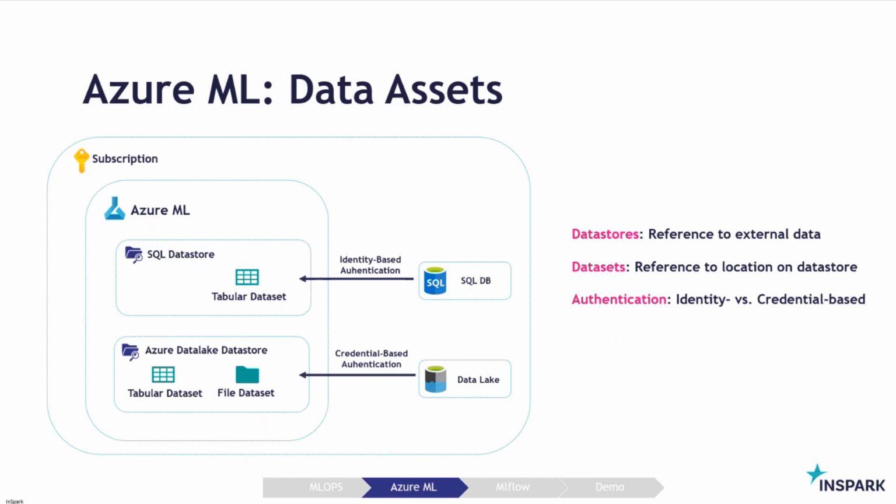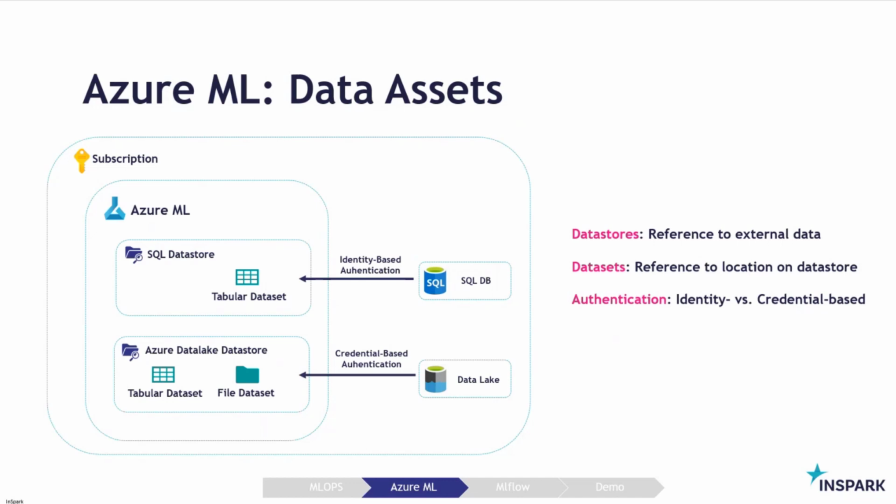So for interactive notebooks, the logged in user's identity is used for authentication, and for automated pipelines, the compute cluster's identity is used. This form of identity-based authentication uses the Azure Active Directory in order to manage access to the underlying data source. So for example, if you're using SQL authentication, that's no identity. If you want to use SQL authentication, you need to use credential-based authentication.